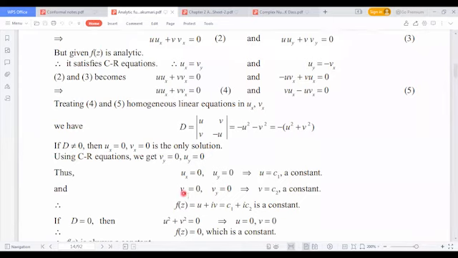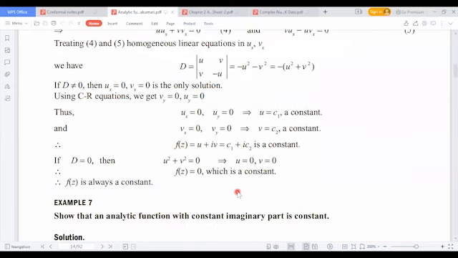Similarly for v, the imaginary part, vx equals 0 and vy equals 0, and integrating we get v equals c2. Hence f(z) equals u plus iv, putting u equals c1 and v equals c2, looks like the previous theorem.